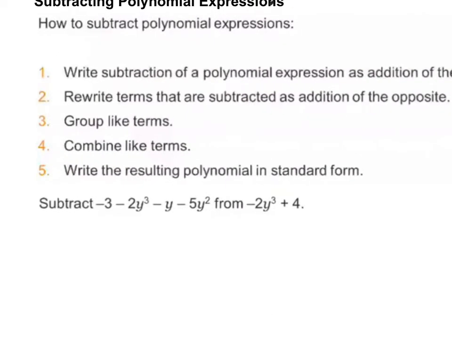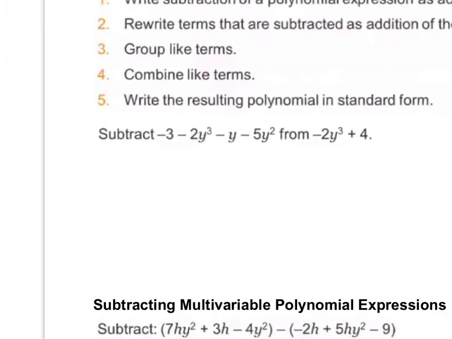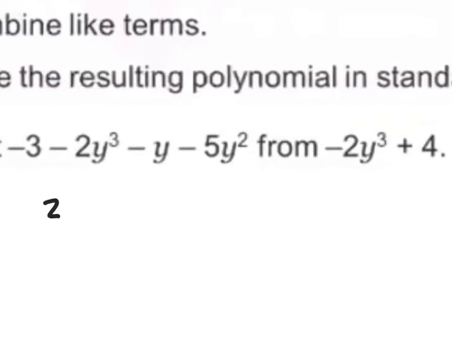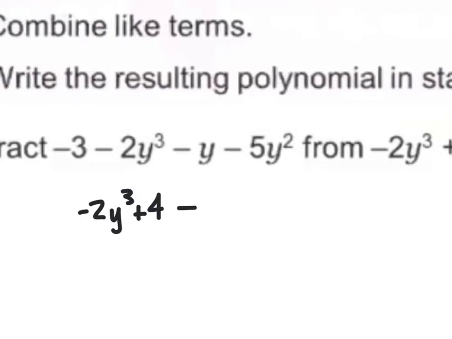So what I want to do is subtract this polynomial from this one. To put that into math, to subtract this from that, this part goes first. So the problem, and let me write this out so we have some room, is going to be negative 2y cubed plus 4 minus this entire polynomial here.